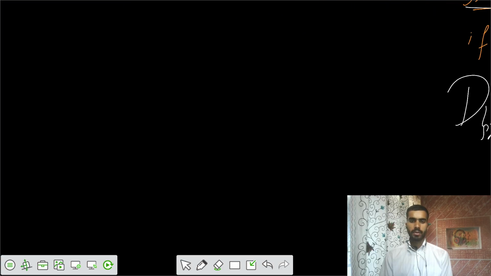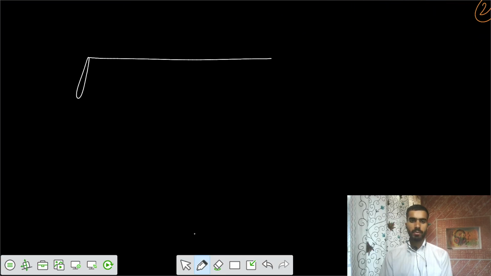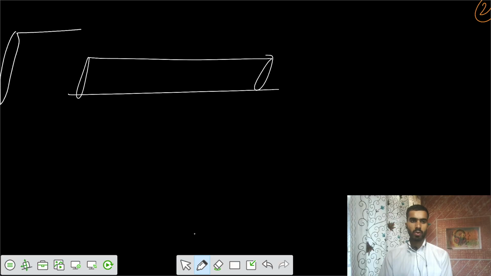So you have the shaft connected on one side to some motor. Let's say this is a motor.